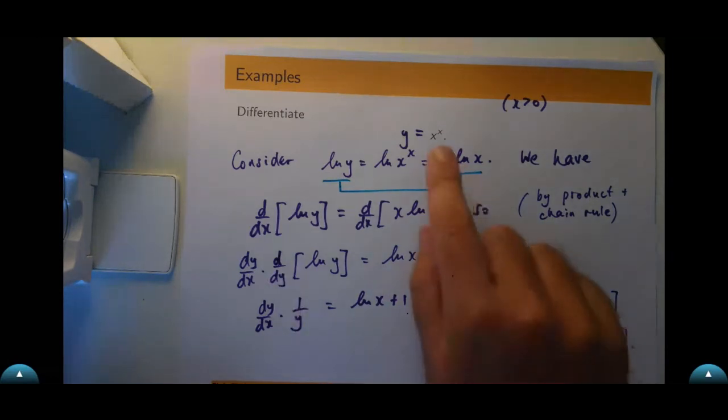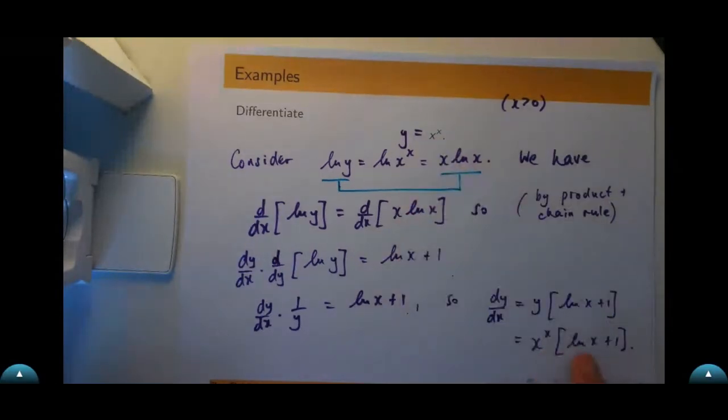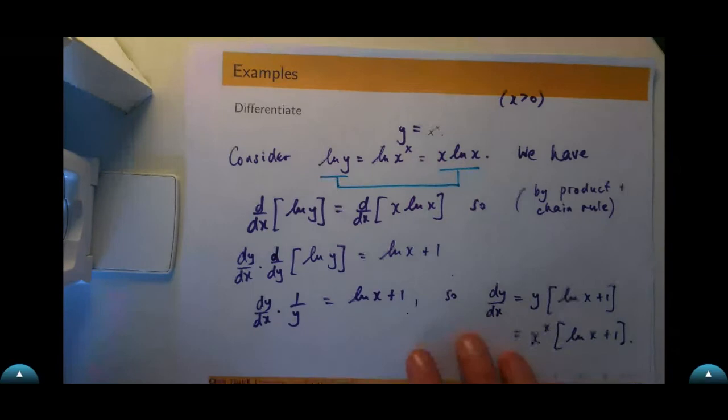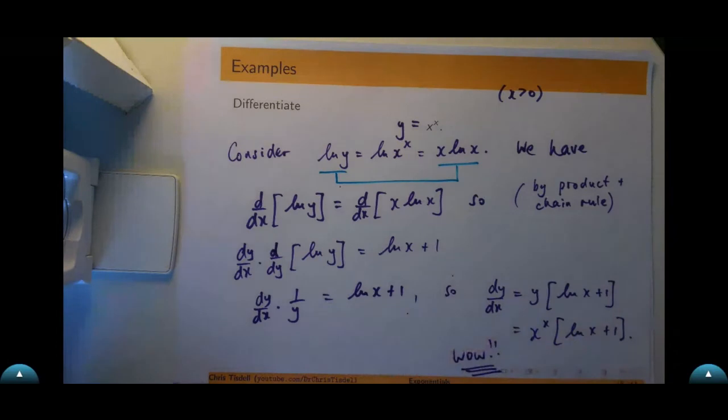How neat is that? So the derivative of this is this times the natural logarithm of x plus 1. Wow. Wow.